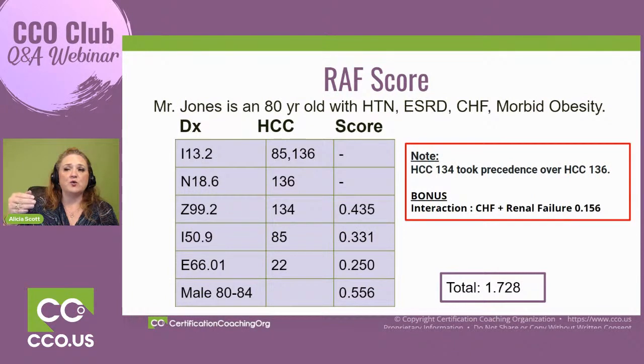A 134 takes precedence or trumps over 136. And whenever you have certain conditions like diabetes and CHF, or CHF and renal failure, there's an additional bonus that's given to the conditions. That is something new that just happened this last year.